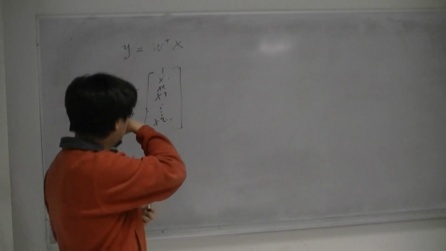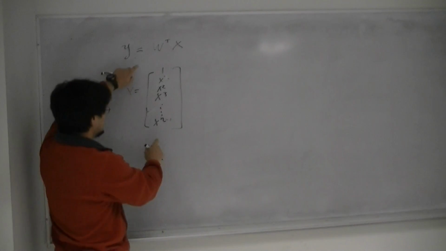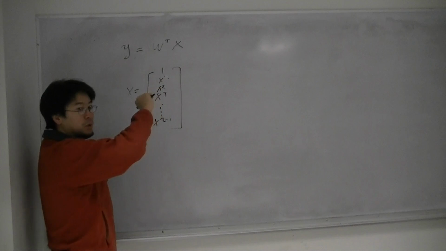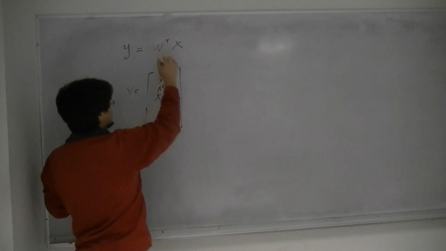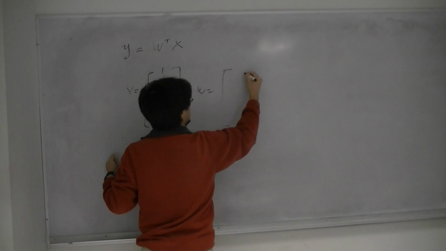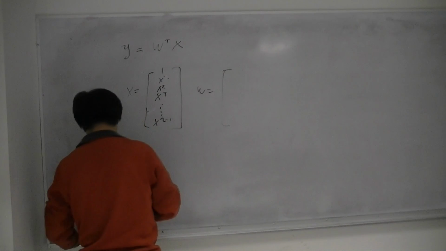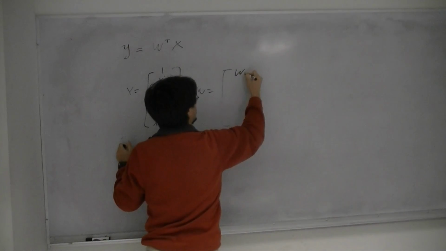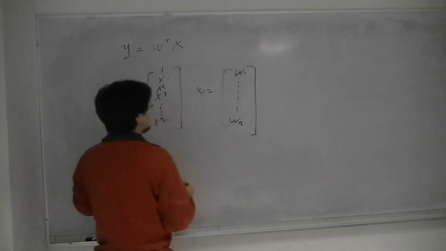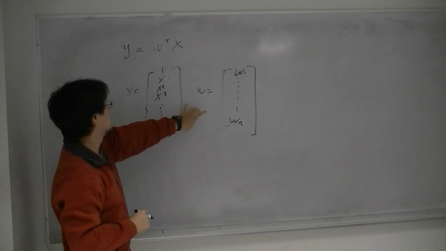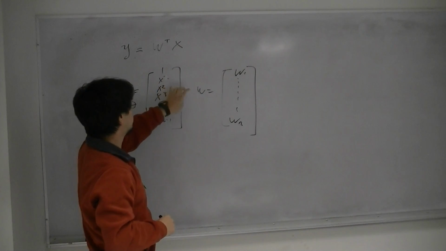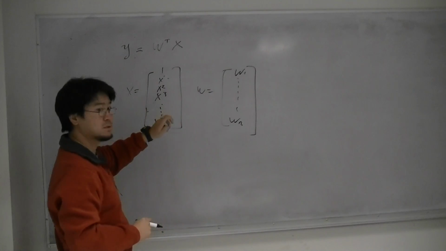Because the length of this vector is n, the length of this vector should be n too. So there are n parameters. W is equal to w1 to wn. If you take the inner product, it's like w1 times 1 plus w2 times x, and so on.